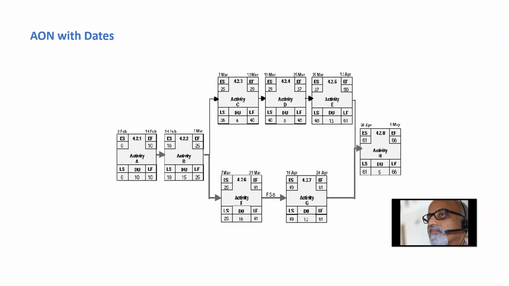Whereas fast tracking is trying to do things in parallel which were originally scheduled sequentially. So by trying out crashing and fast tracking, we can adjust the duration of the critical path before finalizing the schedules.